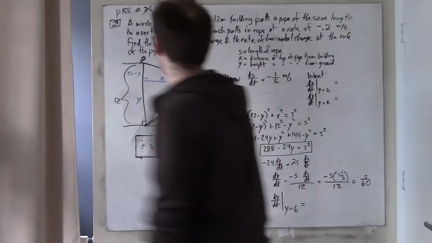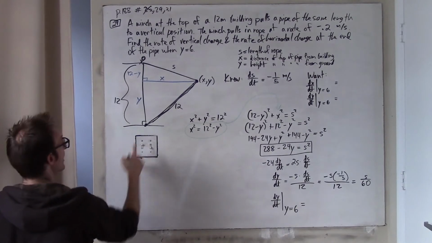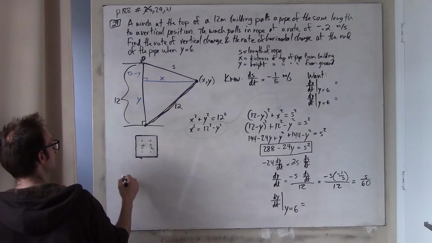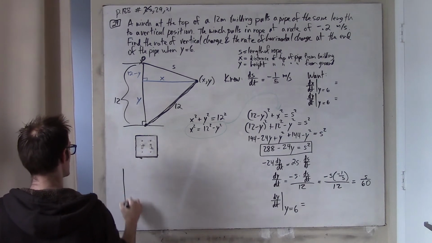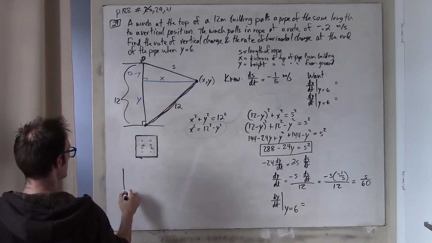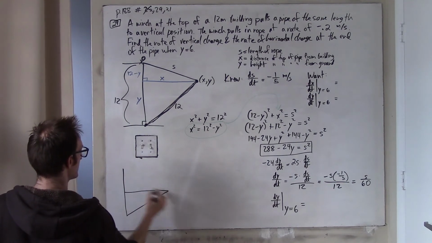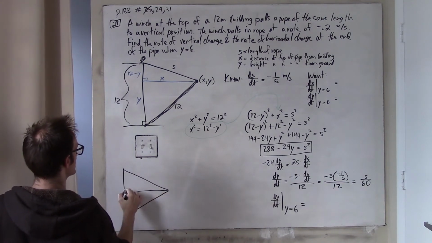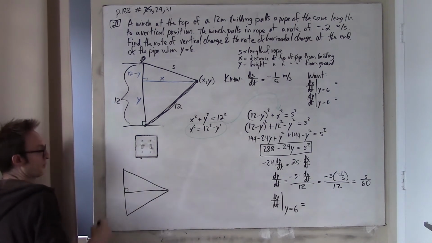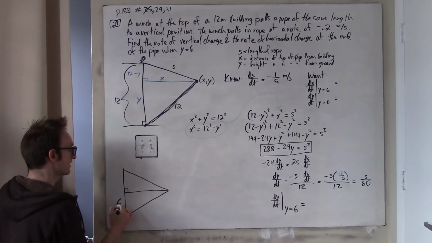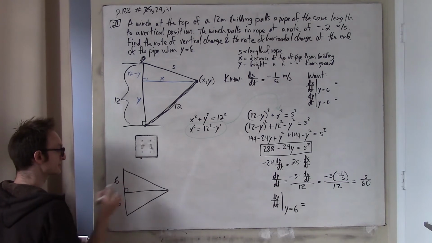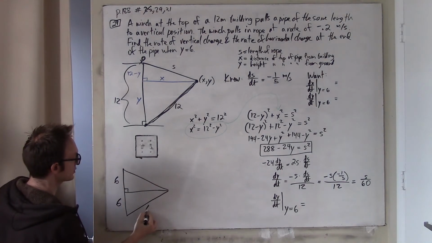This other geometry problem is, hey, what are x, y, and s when y is 6? So now I'm going to draw in this picture here, try to do this kind of carefully, when y is 6, then since the whole thing is 12, this is also 6, and this is 12.